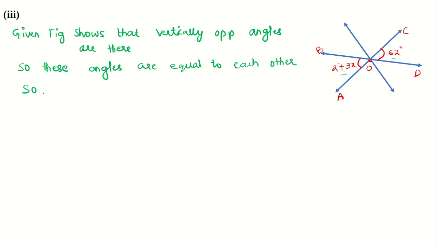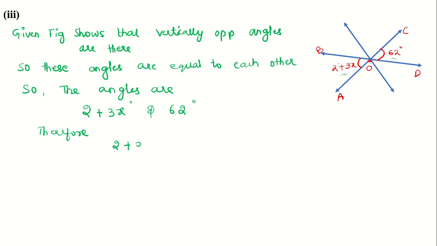So, what will you get? The angles are 2 plus 3x degrees and 62 degrees. Therefore, as they are equal, 2 plus 3x is equal to 62.